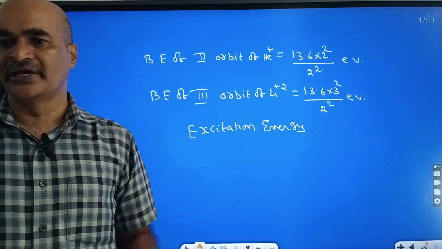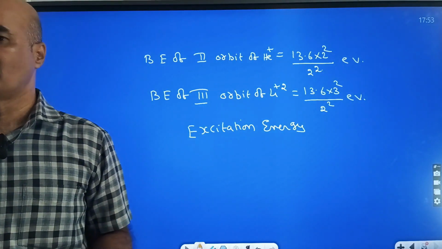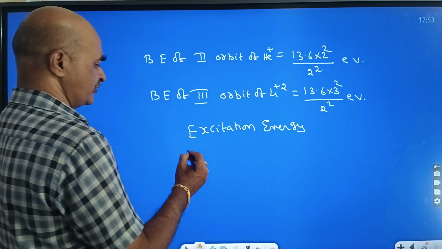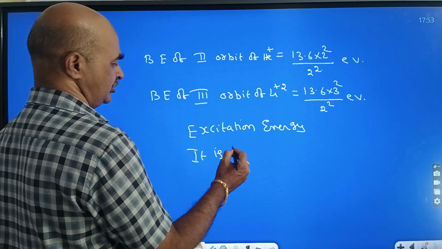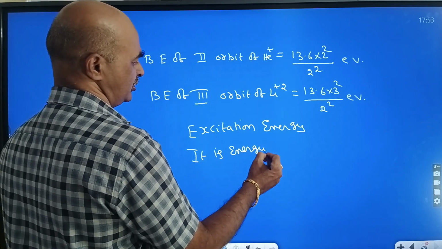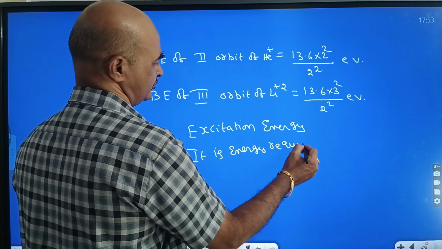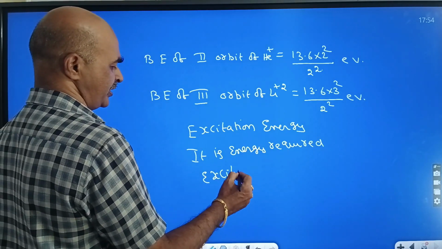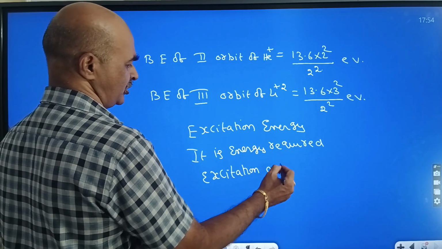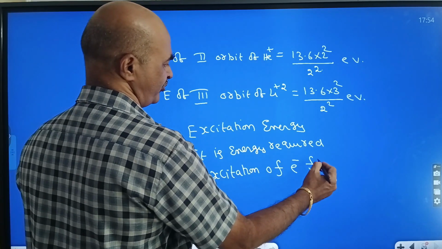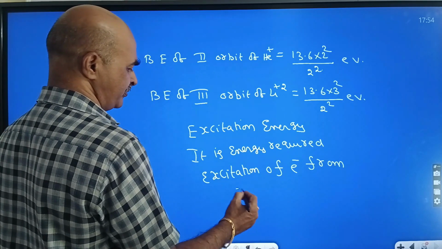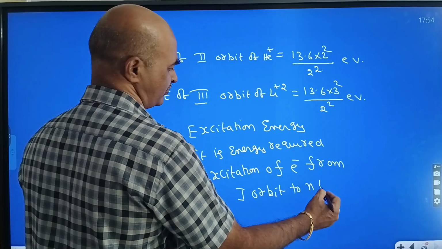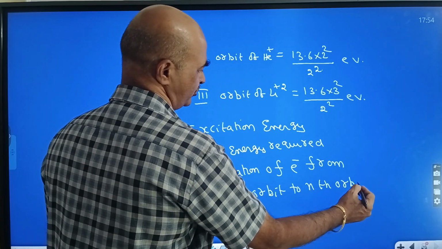Excitation energy. It is the energy required to excite an electron from the first level to the nth level. It is the energy required for excitation of an electron from the first orbit to the nth orbit.